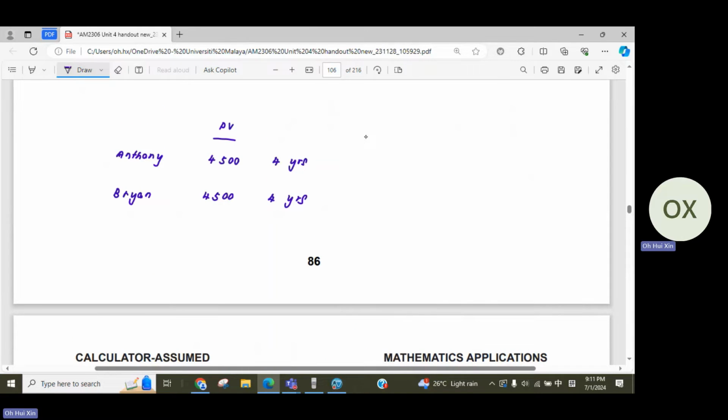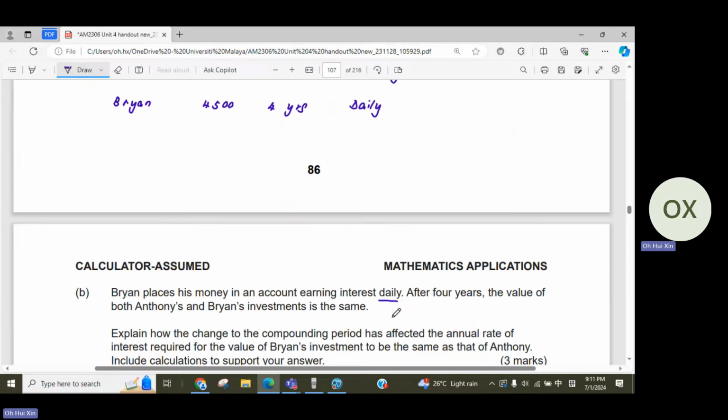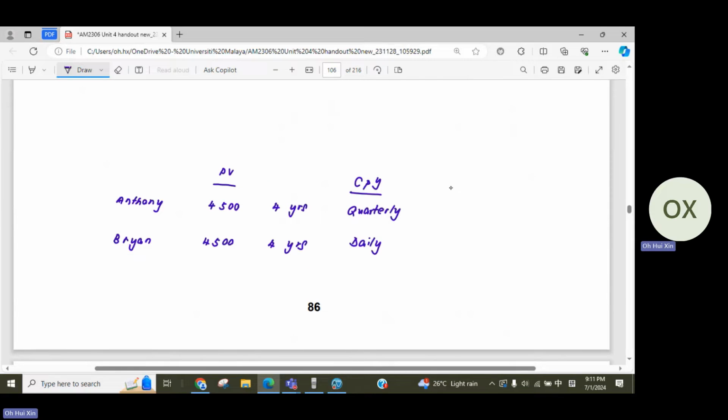So the CPY for Anthony's account just now is quarterly, right? But for Brian now it's daily. Then the question said that after 4 years, the value of both accounts is the same, which means their FV is the same after 4 years.